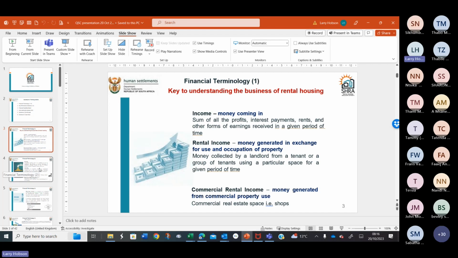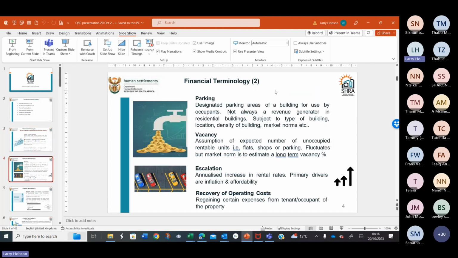So there's a bit of a mix of income there. Then we also get income from parking. There'll be parking areas for use by the tenants, but there's not normally one parking space for every accommodation unit.